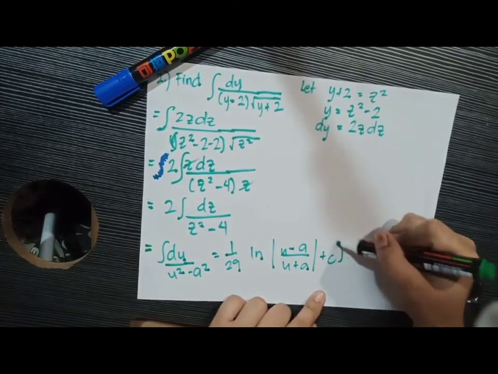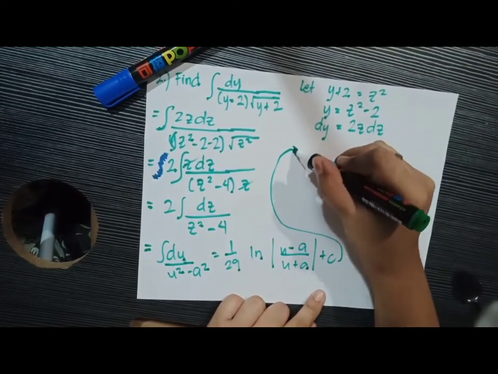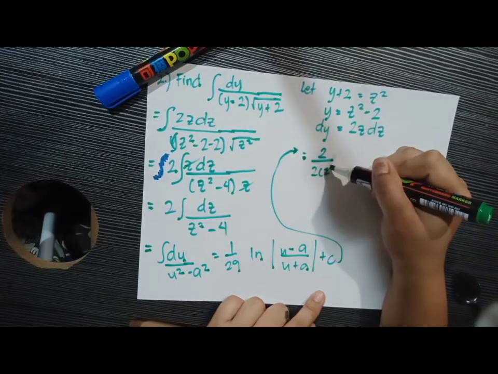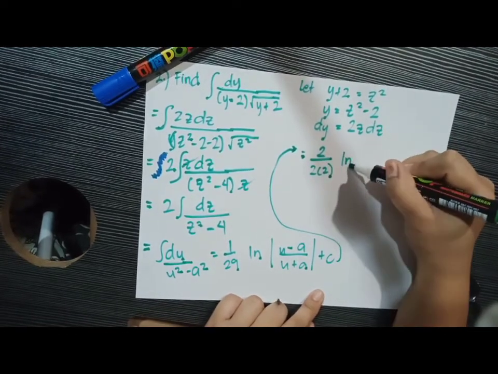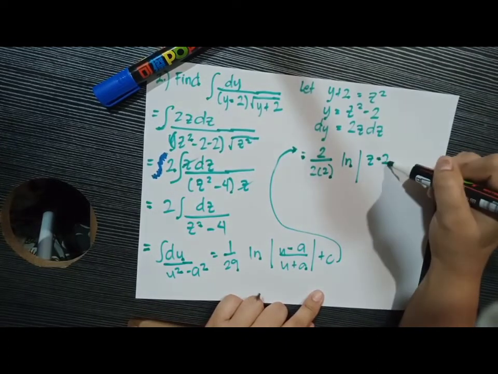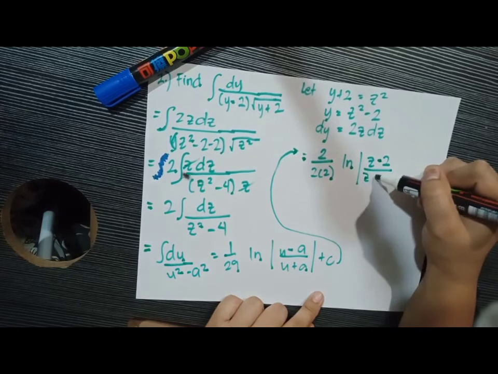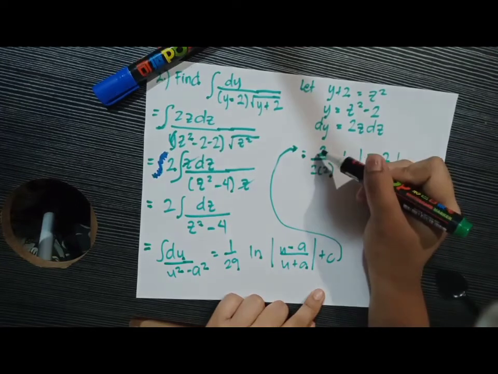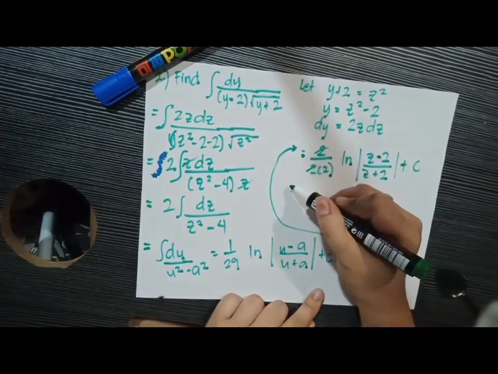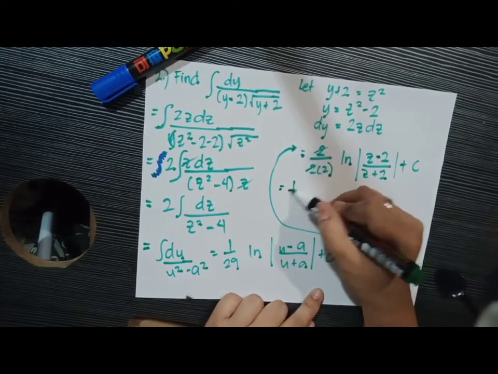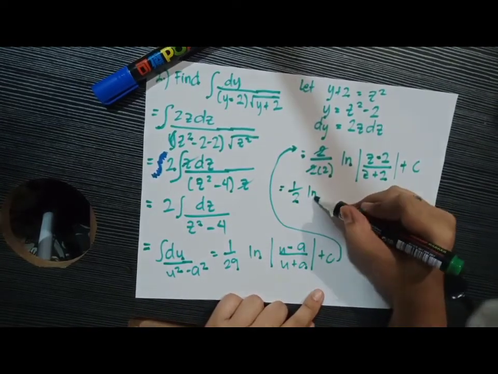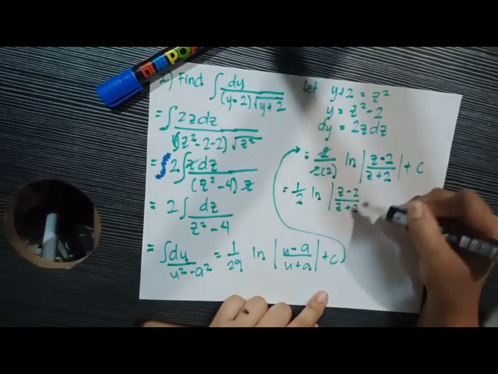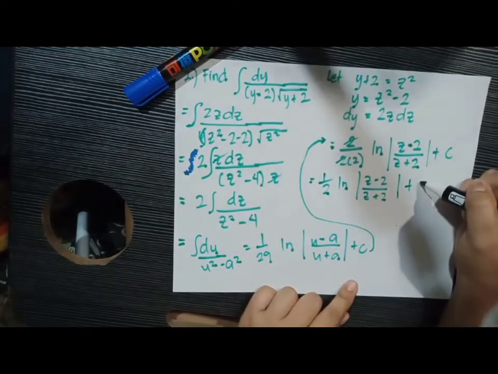That is equal now to 2 over 2 times 2, where z squared minus 4 is z squared minus 2 squared. A is 2, u is z, so ln of z minus 2 over z plus 2 plus c. Therefore, cancel 2: 1 over 2 ln of z minus 2 over z plus 2 plus c.